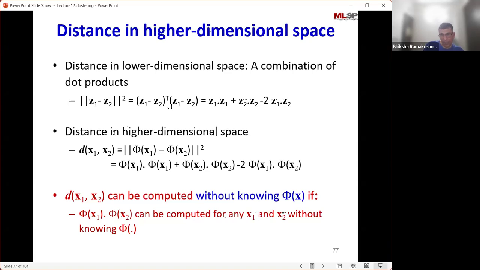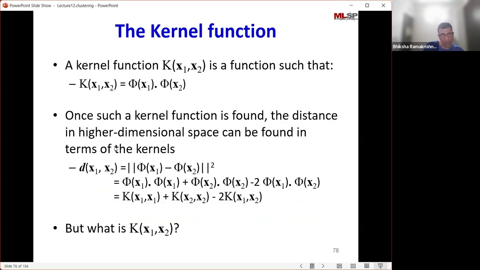Is that making sense? Again, if I could somehow compute phi x1 dot phi x2 without computing phi, then I can compute phi x1 dot phi x1 using the same approach, phi x2 dot phi x2 using the same approach, and this term. So I can compute this entire expression without ever computing phi, and so I can compute the distance. And so I can do my clustering, right?